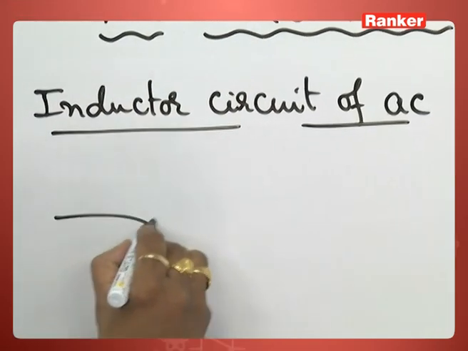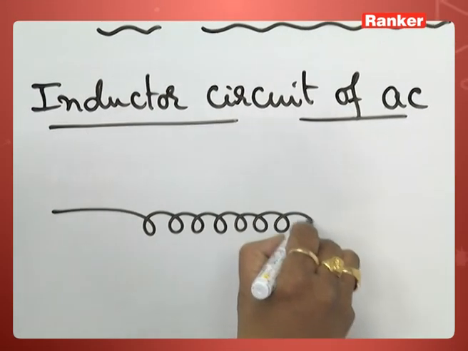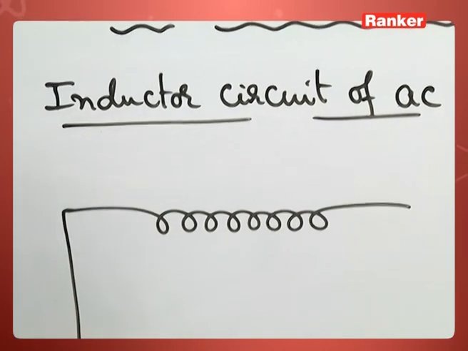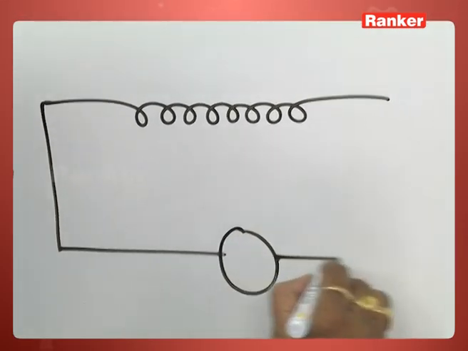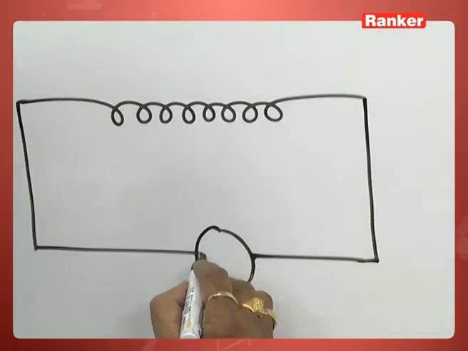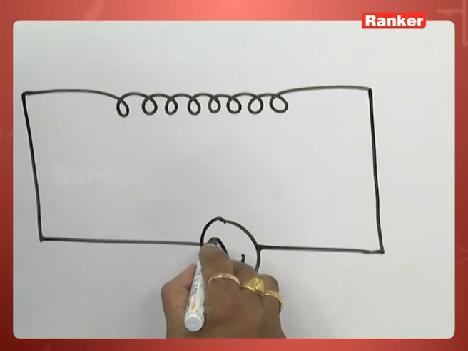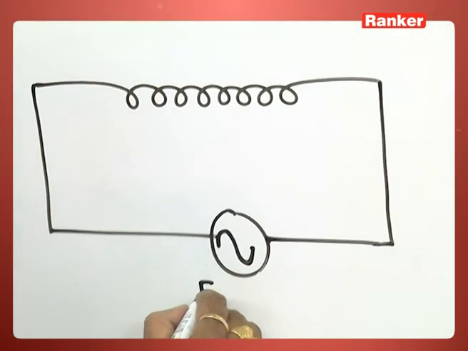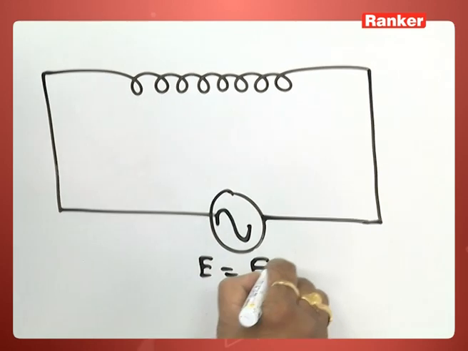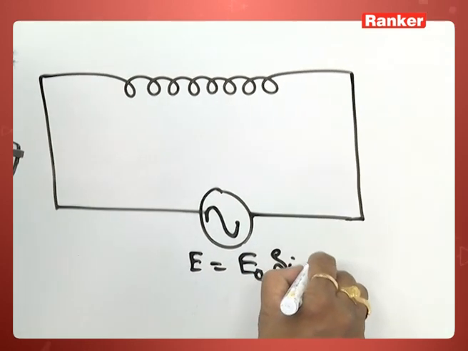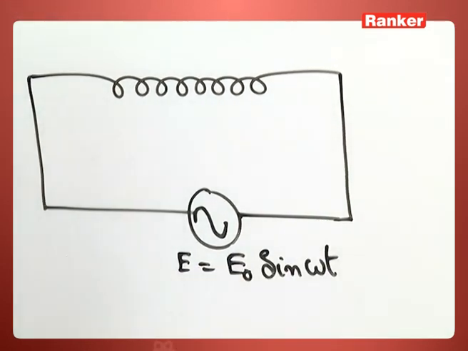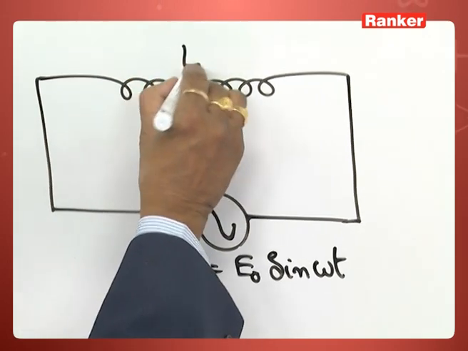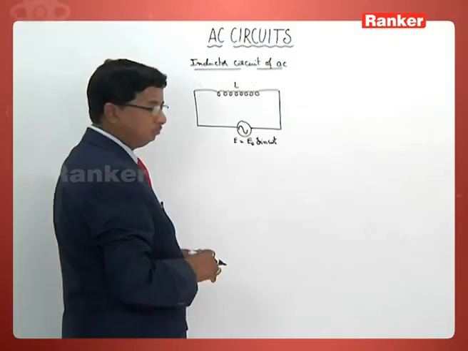Let us consider here an inductance coil which now is connected across a source of alternating EMF equal to E naught sin omega t. This of course we represent by L.